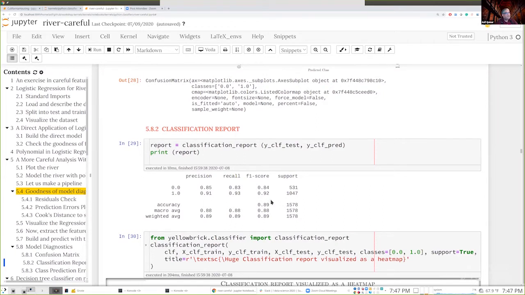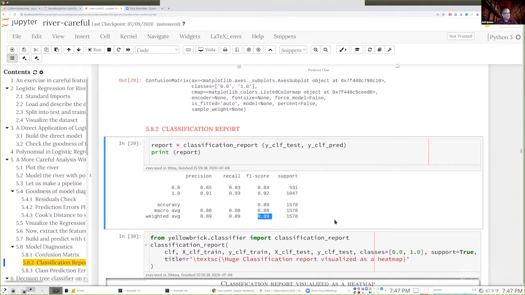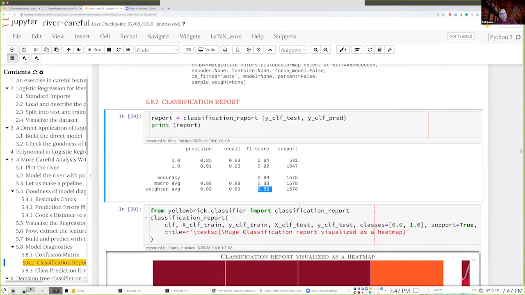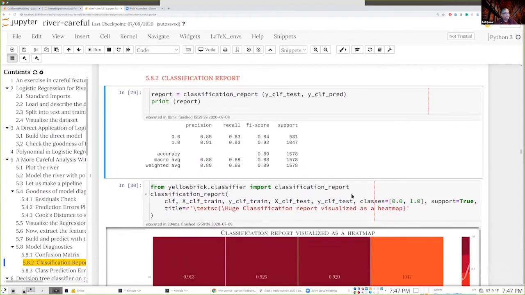And all things taken together, 89% is what we came out with as the weighted average of all of these things. So weighted average of accuracy is 89%. For sand, we got 92% accuracy. For river, water, we got 84% accuracy.